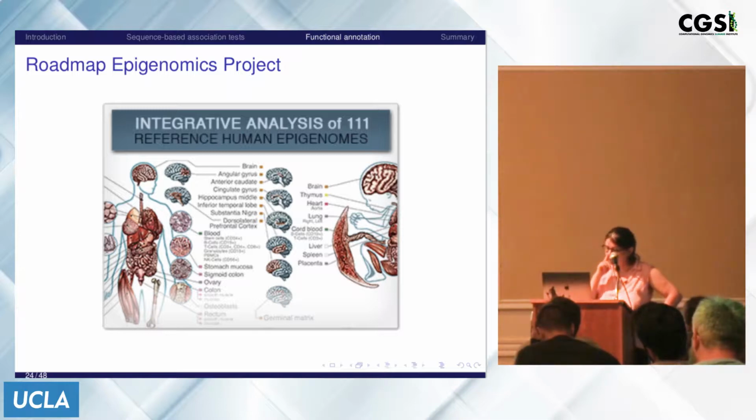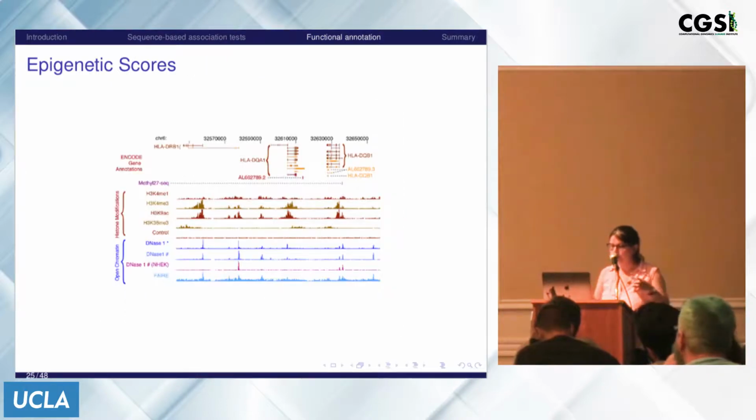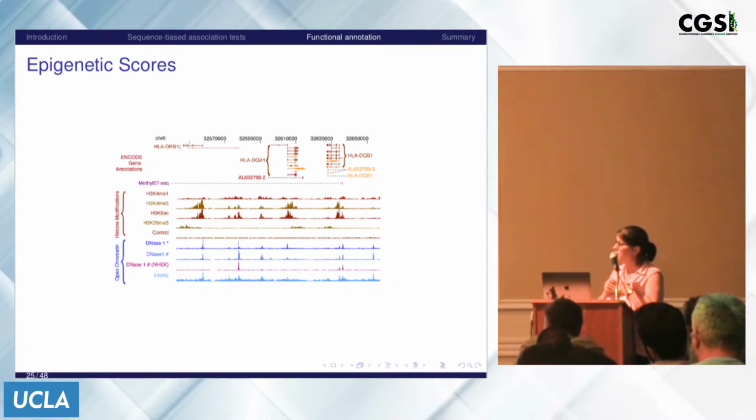So at the end of the day, if we look at one particular region, we have measurements from these different assays, histone modification assays, open chromatin assays. And so what we want to do is integrate these different types of data to predict the functional effects of genetic variants. Okay?